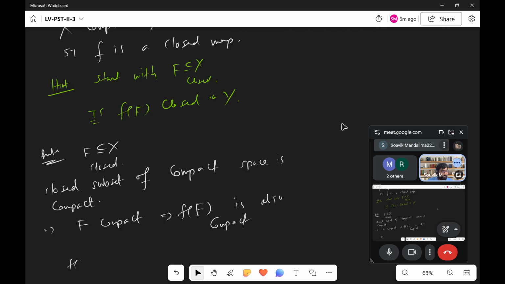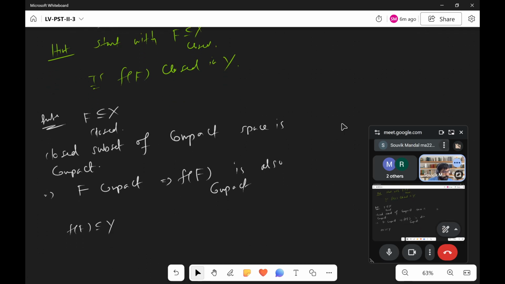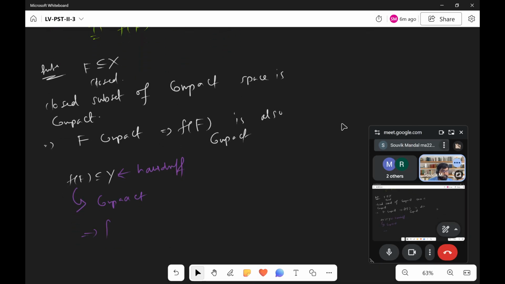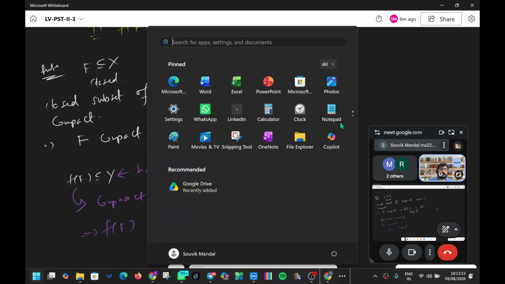Now f of F is a subset of Y, and Y is Hausdorff, and f of F is compact. This implies f of F is closed. Is the argument clear?